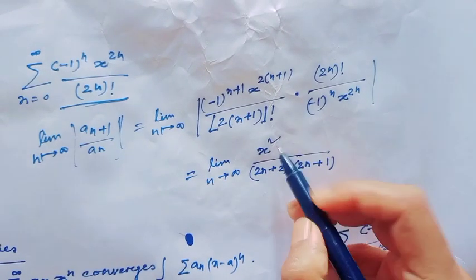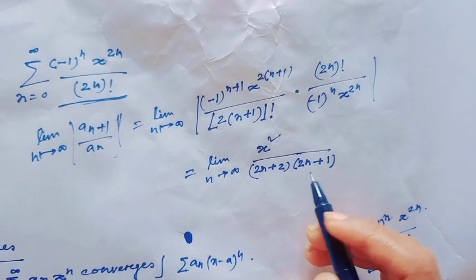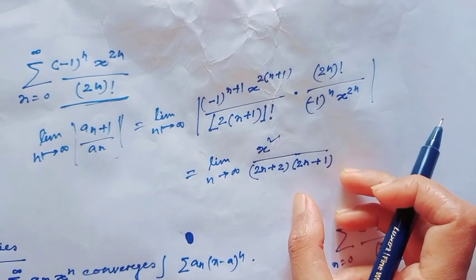After calculating, this value would be x squared over (2n+2)(2n+1).